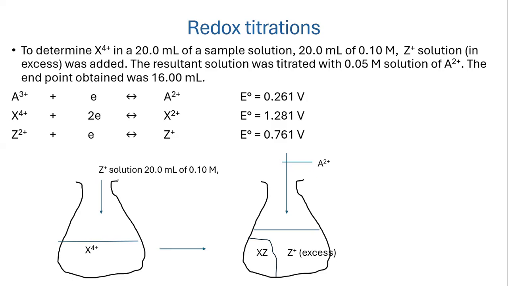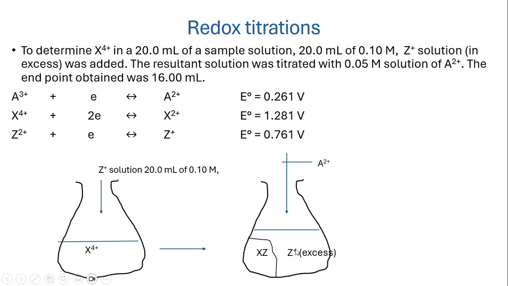Okay, right. Then you are allowing it to react with A2 plus. Now what is taking place? We assume that XZ is stable because stability constant values are not given here. So we have to assume. With that assumption, you don't have X to react with A2 plus, but you have only Z. Z and A, again look at the status.